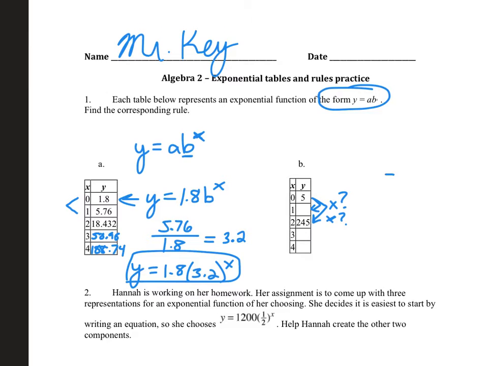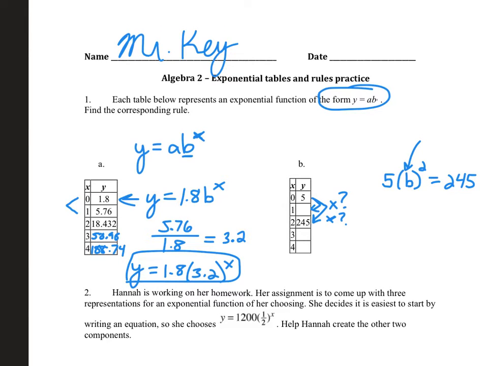Taking 5, multiplying it by some number, which we don't know, let's call it b, 2 times in a row. So if we multiply by b 2 times in a row, that's b squared, and we end up with 245. So I just took all the things that I thought about and expressed in words and put them into a mathematical sentence, which you probably know how to solve for the unknown being b, the base, the multiplier.